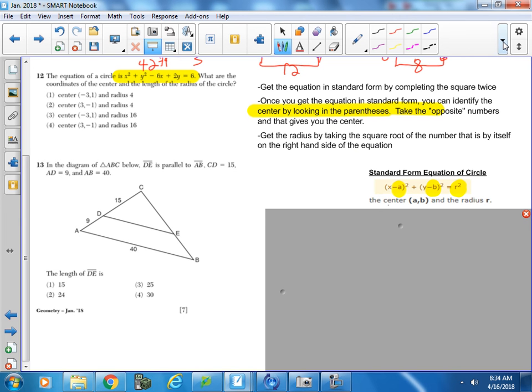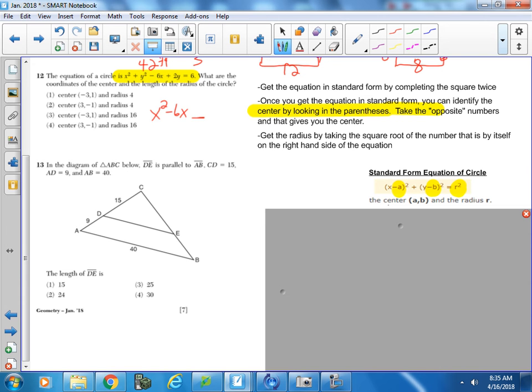Okay, so what you're going to need to do is group your x's and your y's together. If you've completed the square, you've seen this process before, so I'm not going to go too in depth in how to do that, but I'm going to do it here. So I'm going to have x squared minus 6x, and I'm going to leave a little space right there.